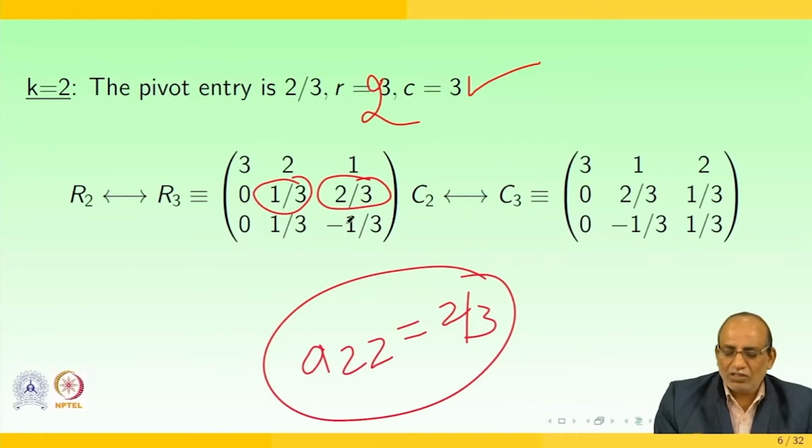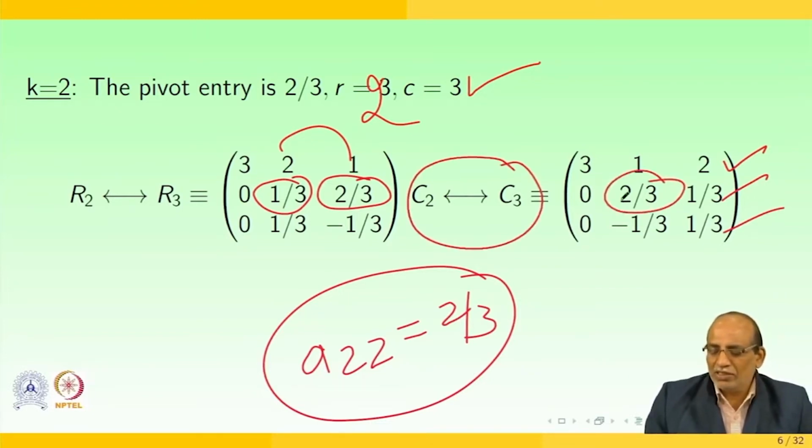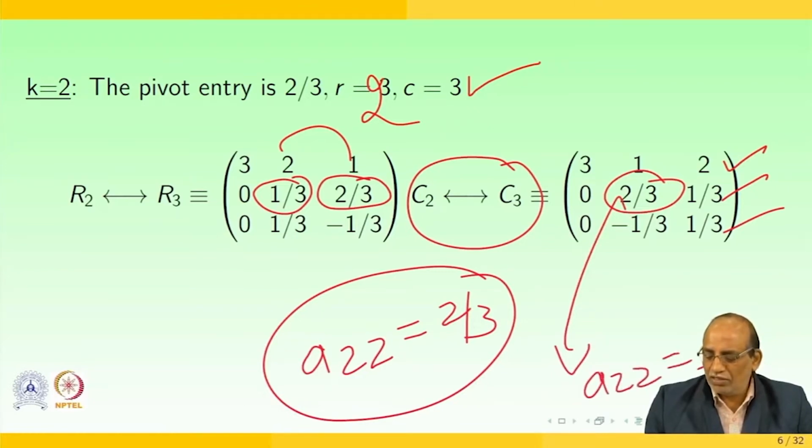Or else you can straight away change these two columns: 2 by 3, minus 1 by 3, and 1 by 3, 1 by 3. So simply you can use this so that the 2 by 3 element has come up. So this is the 2 by 2 element, that is A22 is equal to 2 over 3, which is free from 0. You could get it.